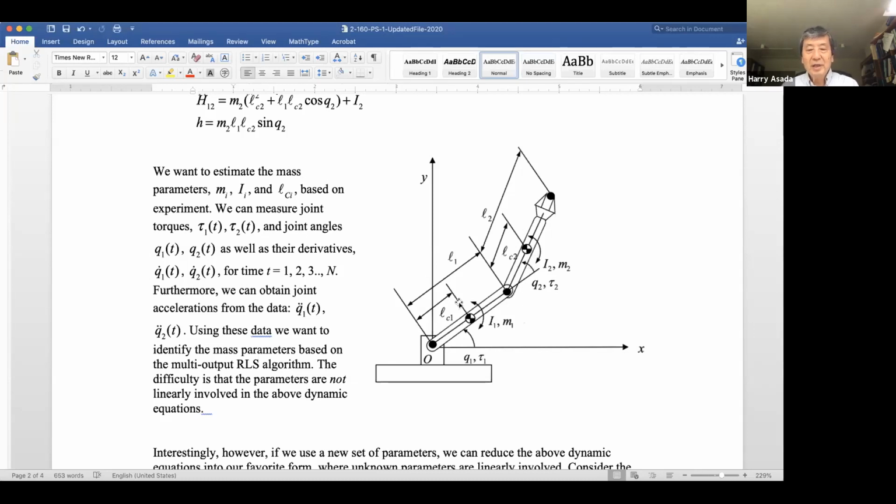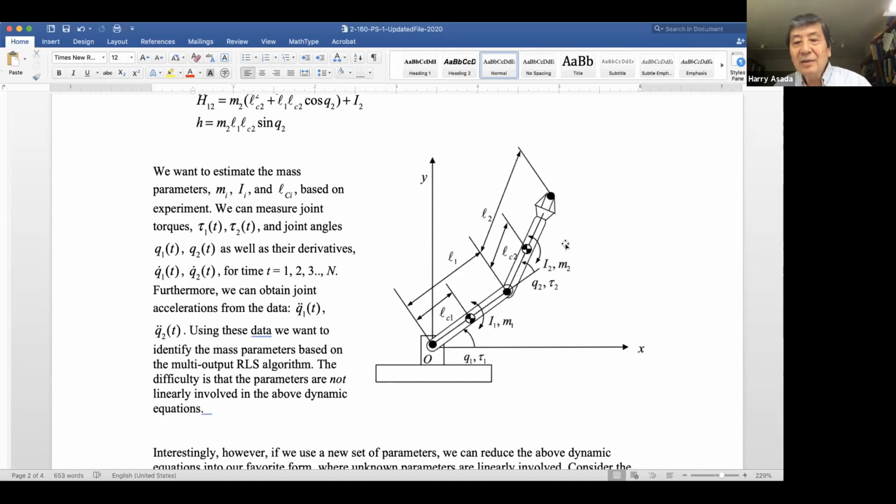This is a planar robot, just moving within the XY plane. We have 2 actuators. One is the actuator sitting here to drive the first link, and the second actuator is here driving this joint, rotating this second link.